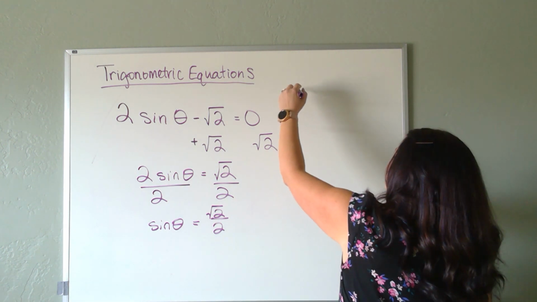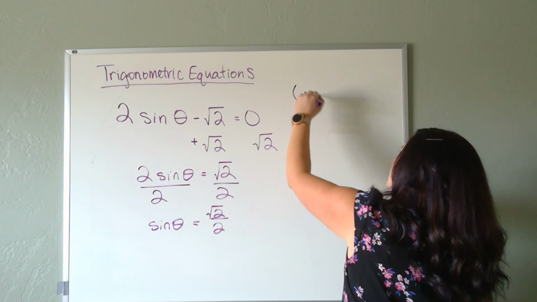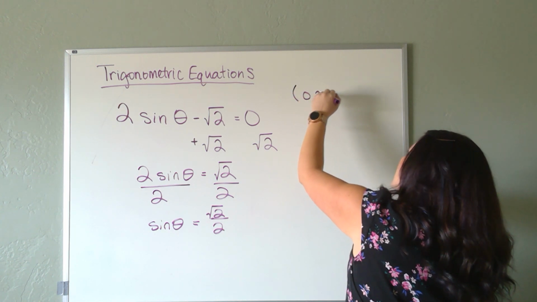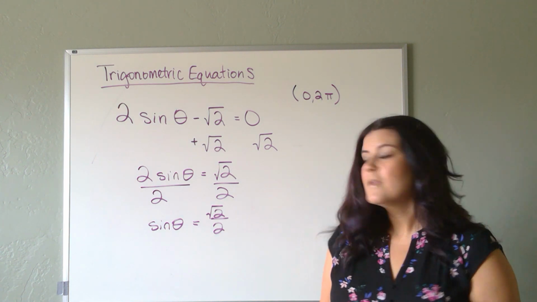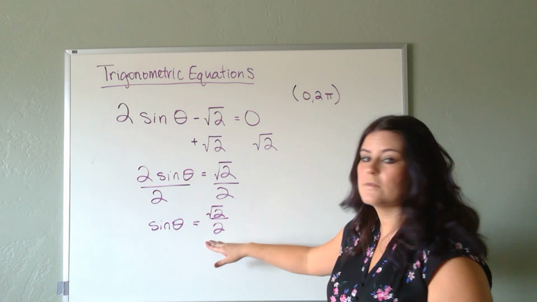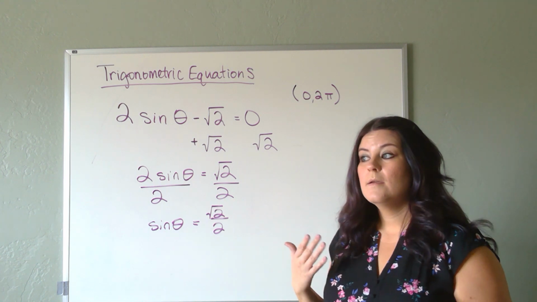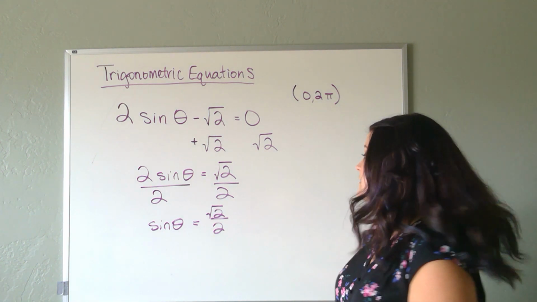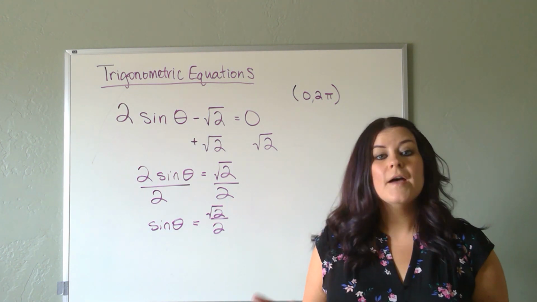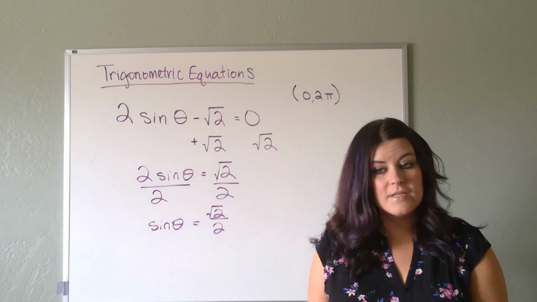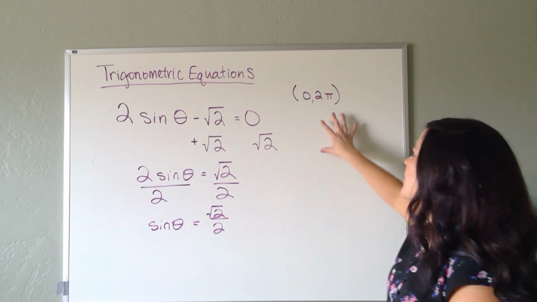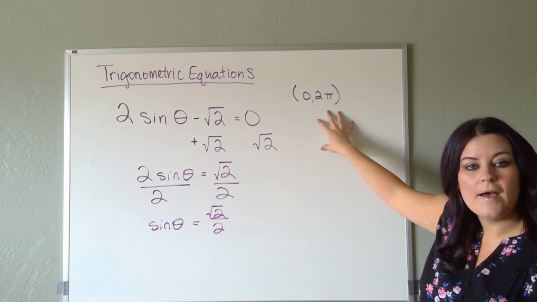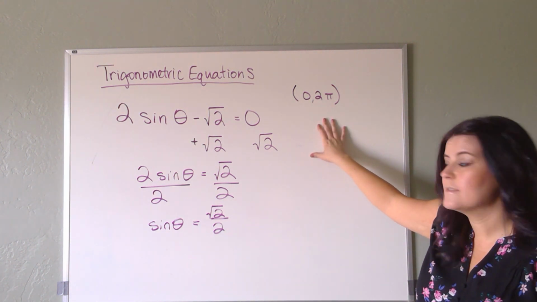We always want to be really careful to look at the interval our answer needs to be in, because I know that sine theta equals square root of 2 over 2 at pi over 4 and at 3 pi over 4, but I could find an infinite number of answers by keeping going around and around the unit circle. So that's why we have a restricted range for our answers.